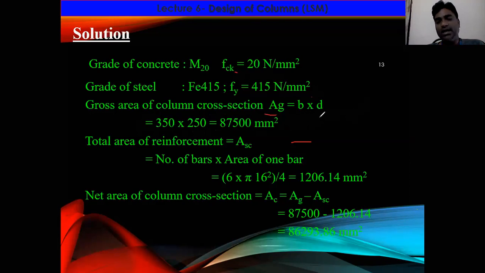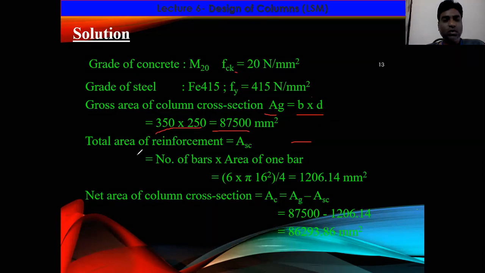So for rectangular, it is B into D. So 350 into 250, we get 87,500 mm square. Then the total area of reinforcement, that is area of steel, equal to number of bars into area of 1 bar.